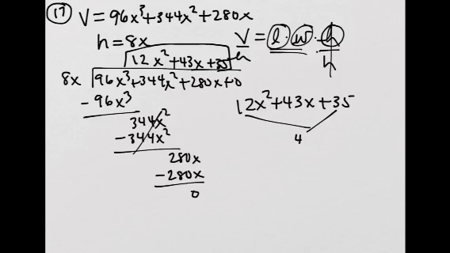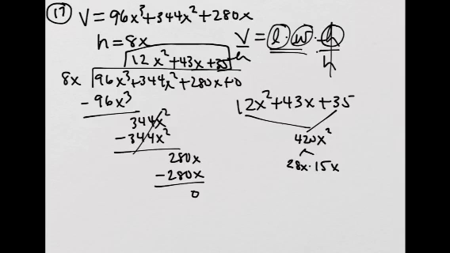That's going to be 420x squared. And factors of 420, there's a lot of them. But go through the list and you're going to find that 28x times 15x, those two multiply to give you 420, and they add up to give you 43, which is what you're looking for.